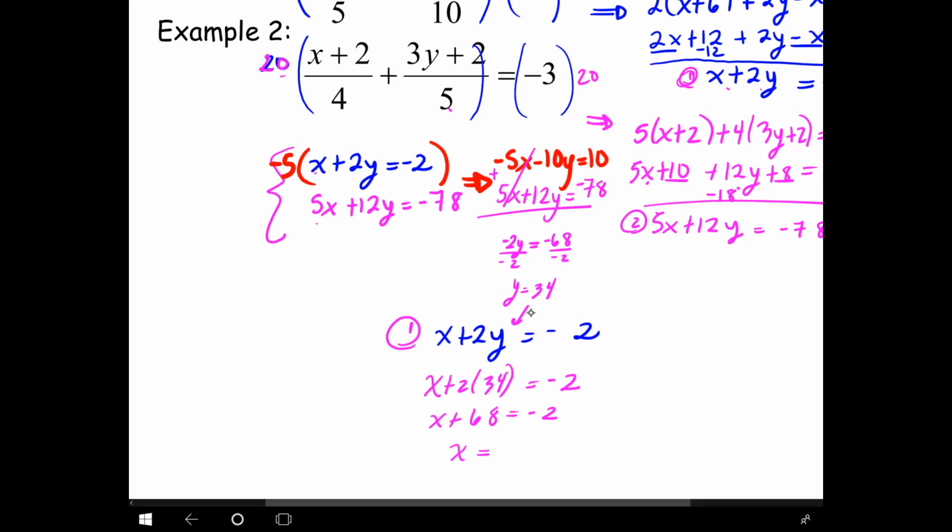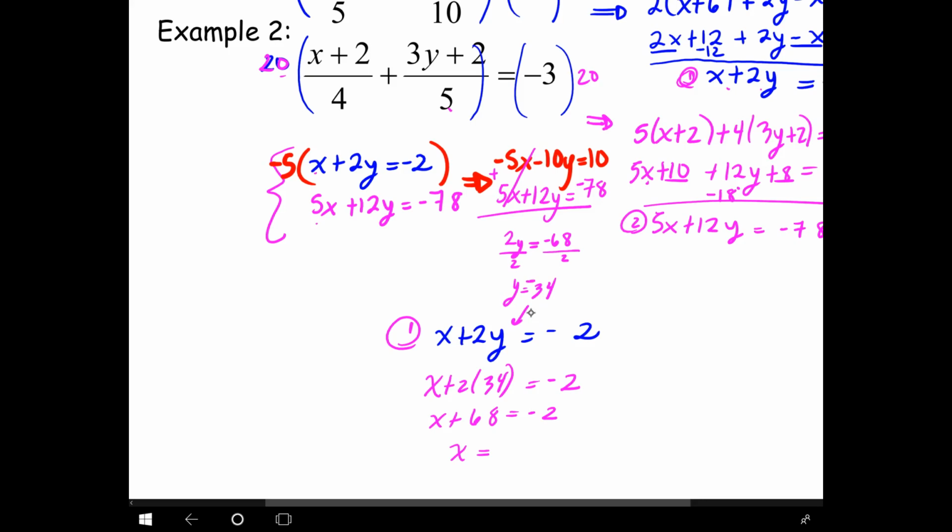Negative 5x minus 10y equals 10. 5x plus 12y equals negative 78. And that would give me, oh goodness, you guys are thinking, Miss Prentice, negative 10y plus 12y is equal to a positive 2y. Don't work too fast in the morning. So when we divide by a positive 2, yes, we should get y is equal to negative 34.